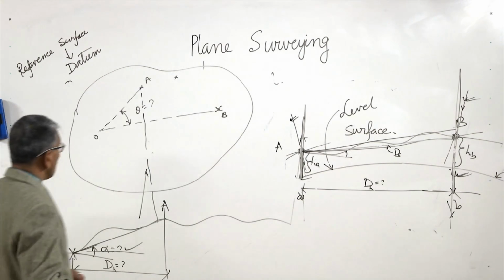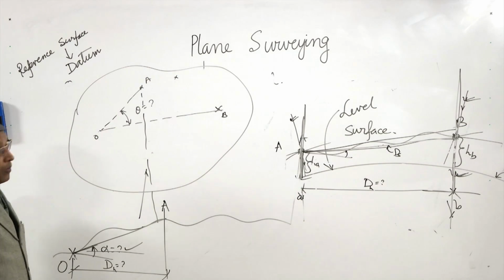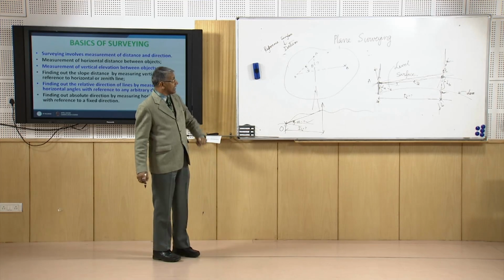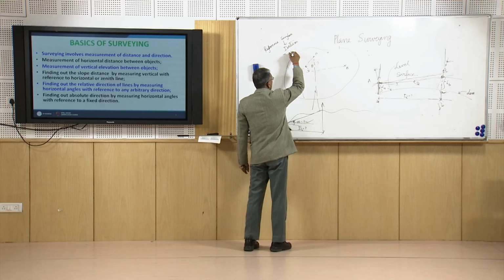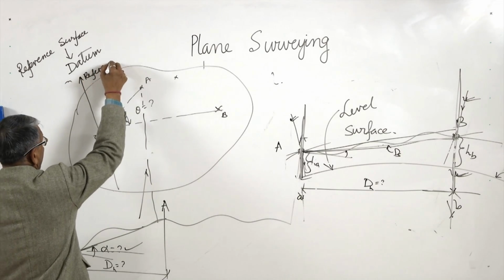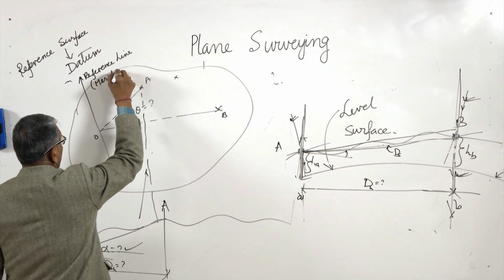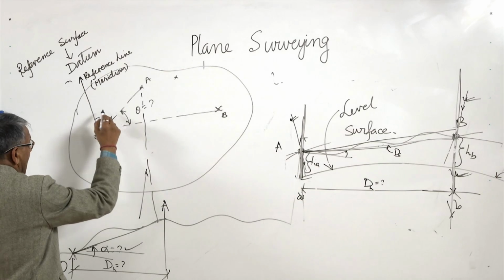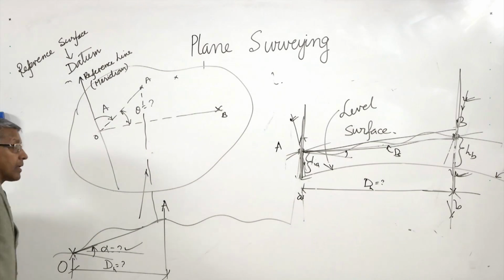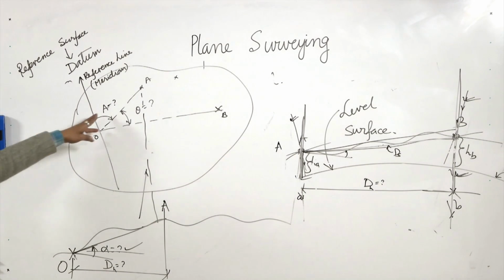Further, we would like to know the direction of the point A with respect to O. To find the direction of the line OA, we need to take a reference line, which is also called meridian. So we would like to know the angle. This is also measured in plane surveying, that is a horizontal angle.